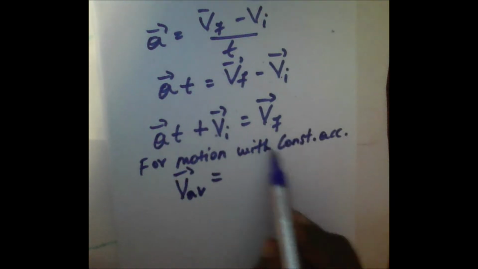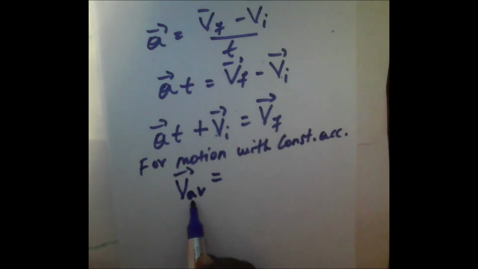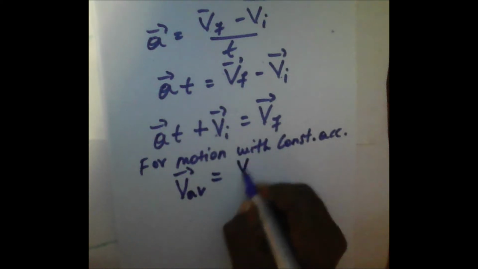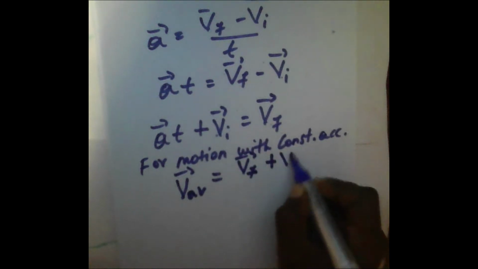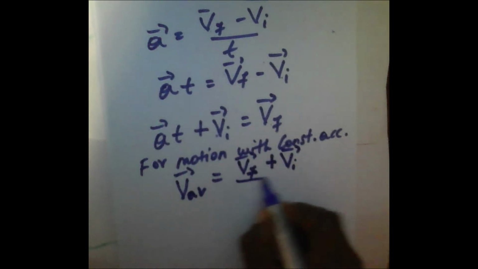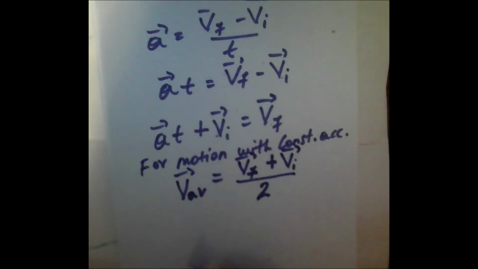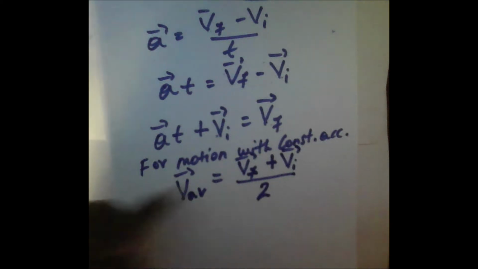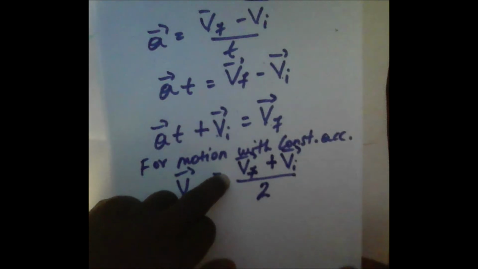With constant acceleration, remember, the average velocity is equal to V final plus V initial divided by 2. This is the formula for the average velocity in case of constant acceleration. Okay, so having this in mind, let's proceed.